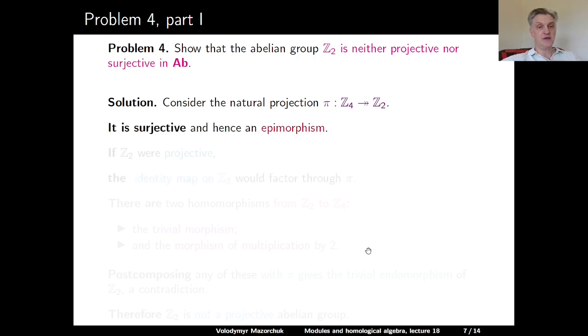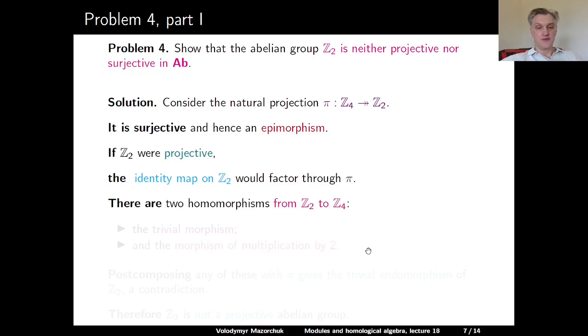It is surjective, and hence it is an epimorphism. If Z2 were a projective abelian group, then the identity map on Z2 would factor through pi. So there should exist then a morphism from Z2 to Z4 such that its composition with pi is equal to the identity map on Z2.